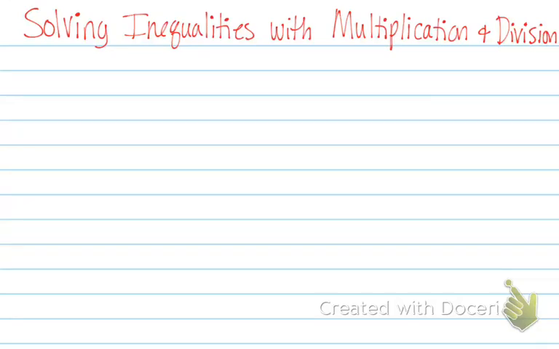So now that we know how to solve inequalities that involve addition and subtraction, let's look at how we solve inequalities with multiplication and division. Our first example is 3m is greater than or equal to 6.